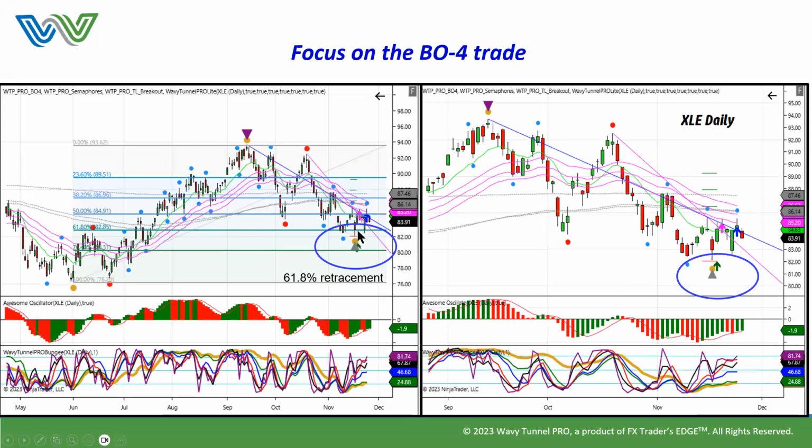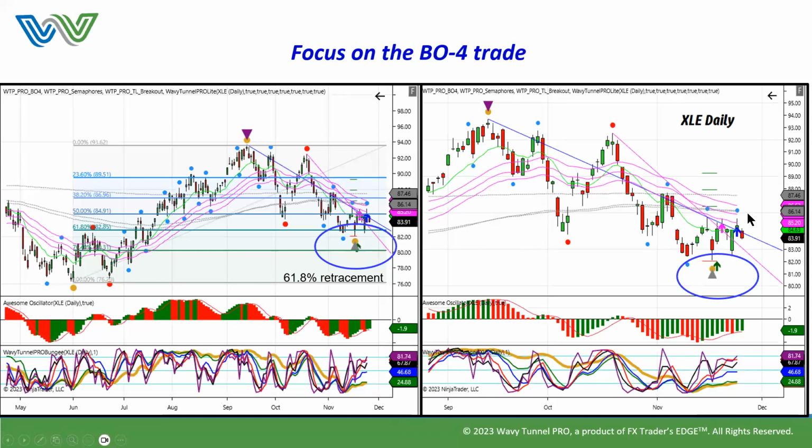That's 61.8%. We also have some automatic trend lines that are drawn here, and you see little arrows. So not only do we have the breakout 4 trade, but we have the trend line breaks.